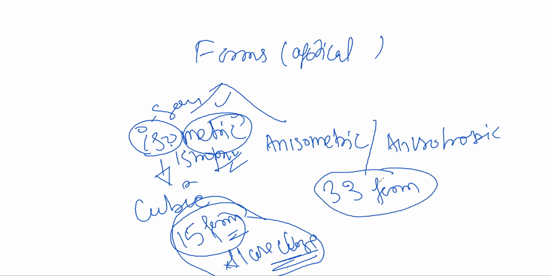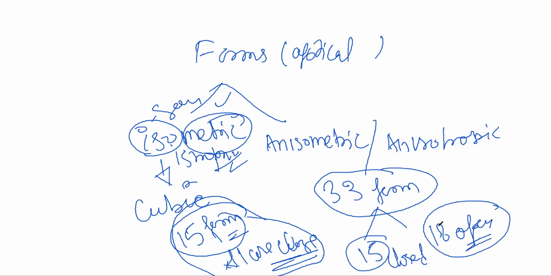While in the case of anisotropic forms, 15 are closed, 18 are open. The digits may reverse. Actually, I'm a little bit confused in this, but we'll clear these doubts, or you can explore. So in this way, 30 become closed forms out of the 48, and 18 become open.